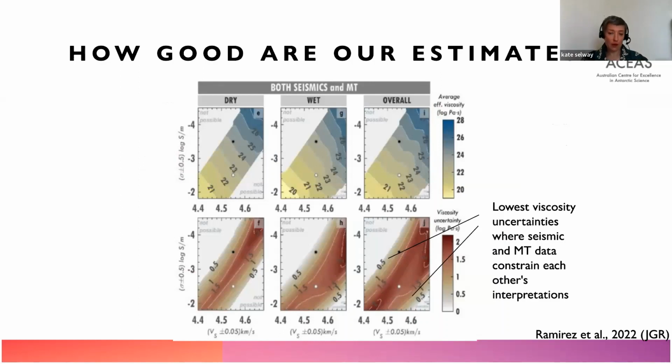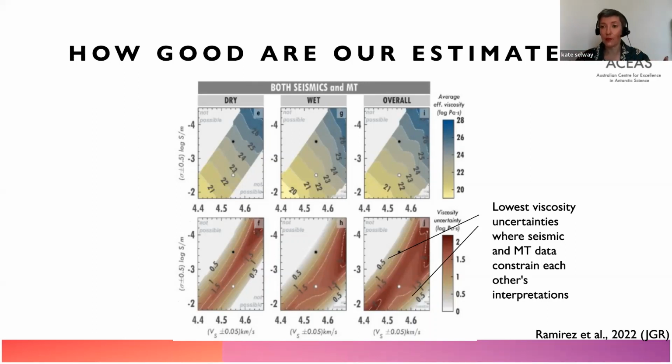Florence ran these calculations over a lot of different velocities and electrical conductivities. That's what we're seeing here, velocities on the horizontal axis and electrical conductivities on the vertical axis. If you had a data set where you had measured those two things, you could go and see what your possible viscosity is, and also the uncertainty in that viscosity, and this is in a log scale.